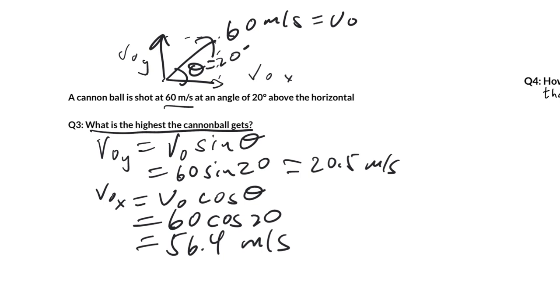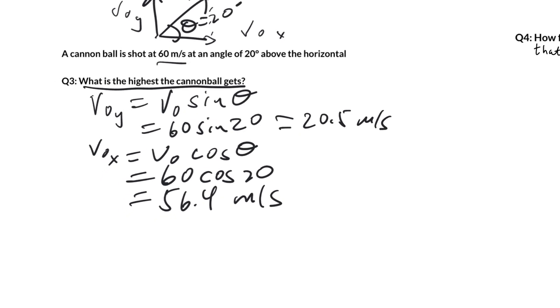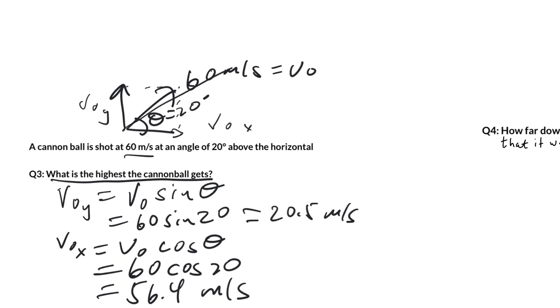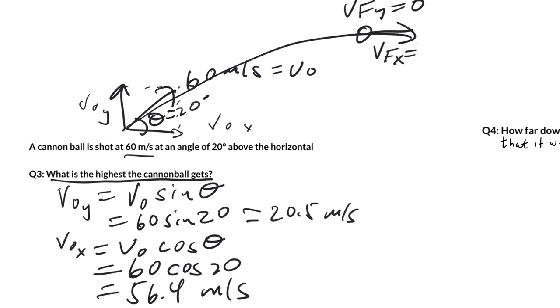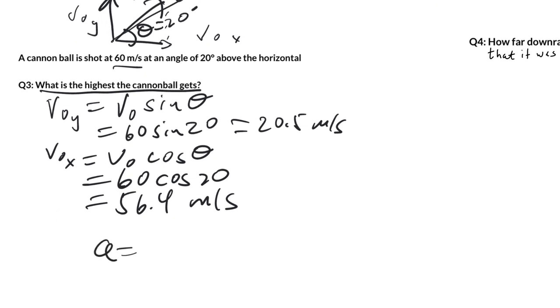Okay, so first I have to find the time. So you gotta realize that at the top of the trajectory again, VFY equals 0, and VFX is equal to VOX. Okay, so we can do this simple equation. A equals VF minus VO over T. Use the Y values.